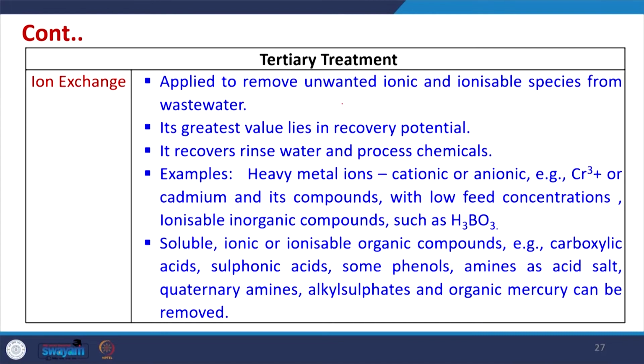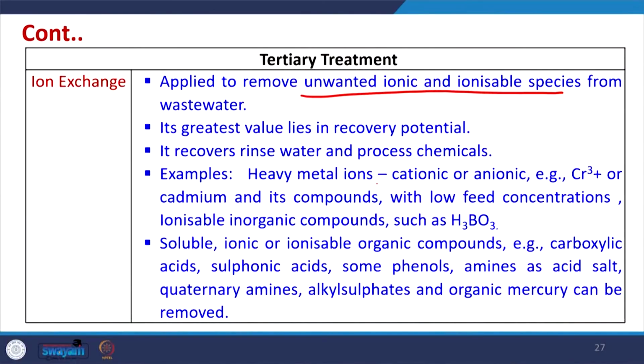Similarly, the ion exchange technique can be used to remove unwanted ionic and ionizable species from the wastewater. It is very common to remove calcium, magnesium, etc. It can also remove other types of heavy metals from the wastewater, so this technique is highly used.